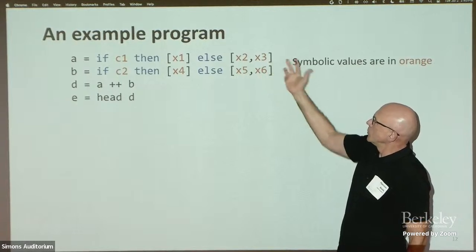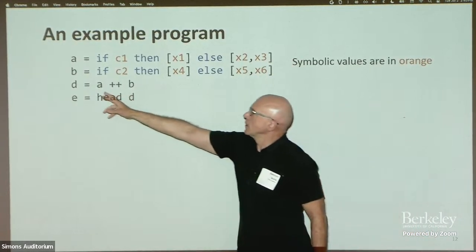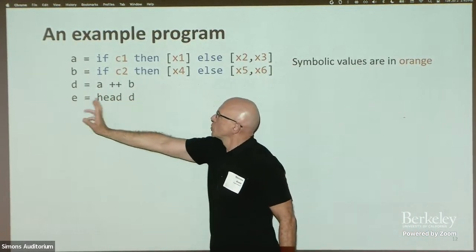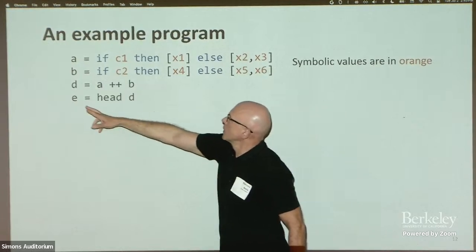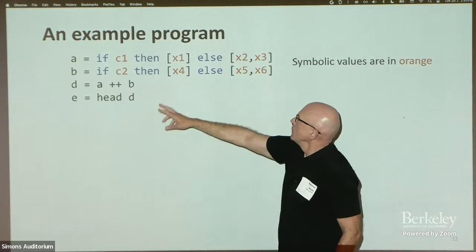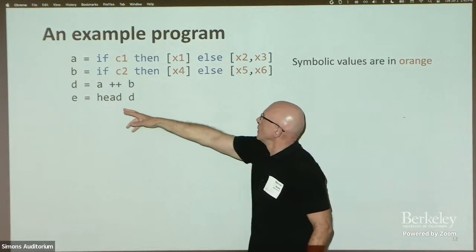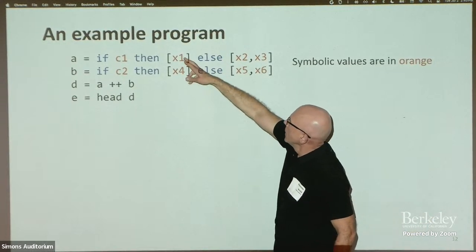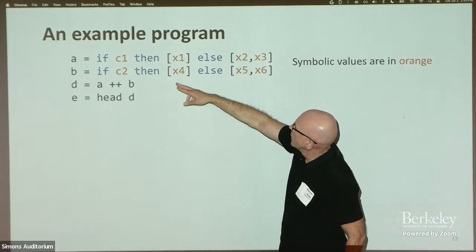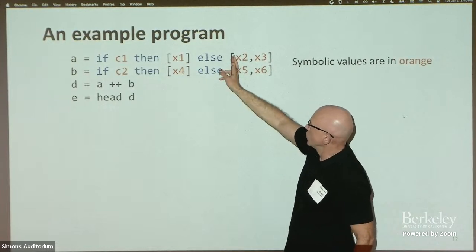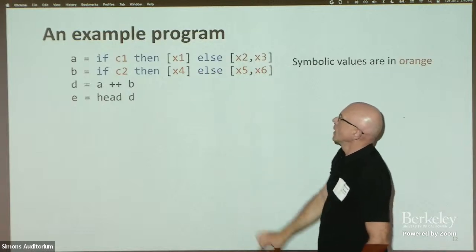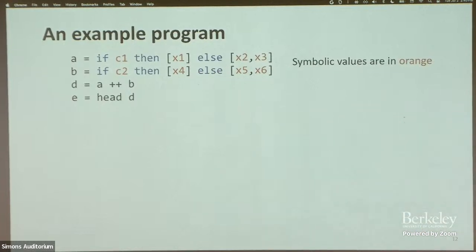Otherwise, it's a list with two values. And then you concatenate the lists. And then E should be the head of the list. And you'd like to understand what E is, even though this program is a mix of concrete and symbolic. So E will be either x1 or x4. It will be either x1 or x2, right? Because you know that this is concatenated behind.